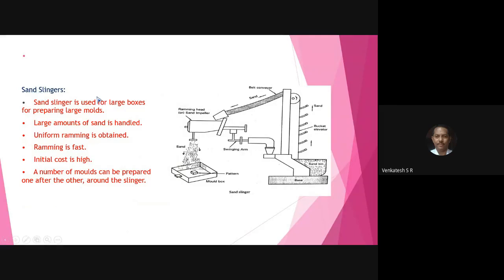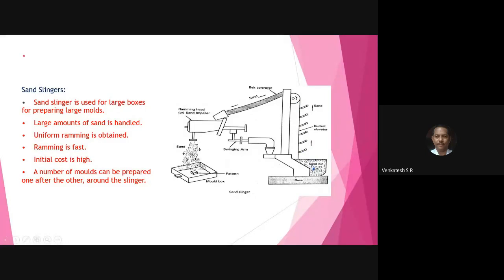Sand slingers. All of you observe here. This is the sand bin connected to the conveyor. From the sand bin, the sand moves on the conveyor. That is nothing but the buckets present in the conveyor.